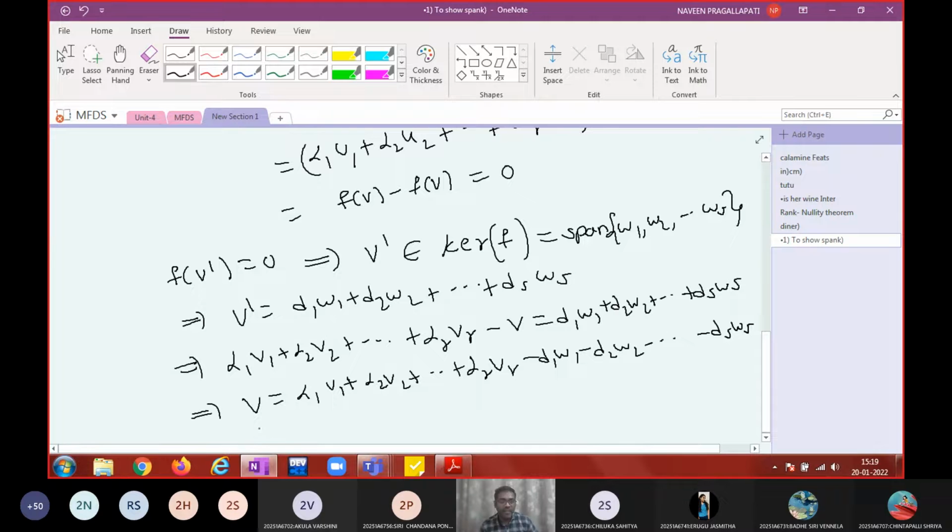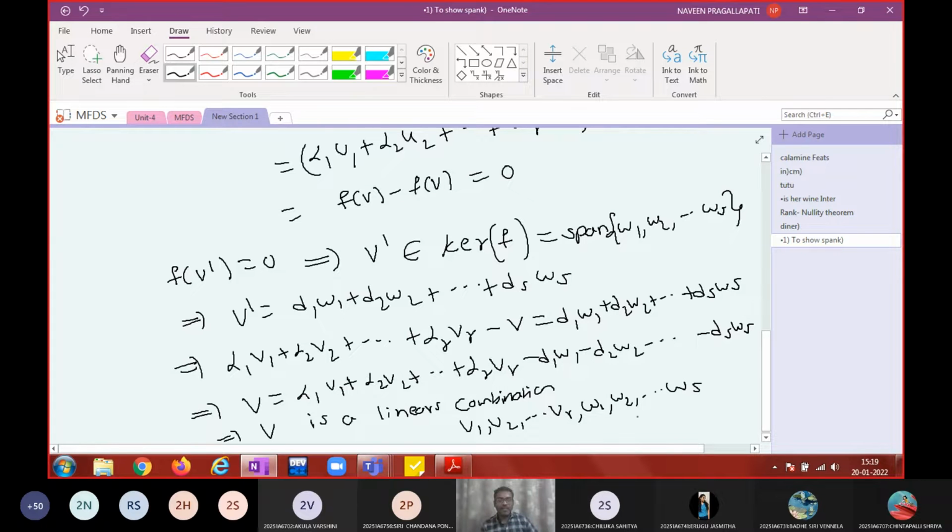That means we are able to express v as a linear combination of v1, v2 and so on vr and w1, w2 and so on ws.